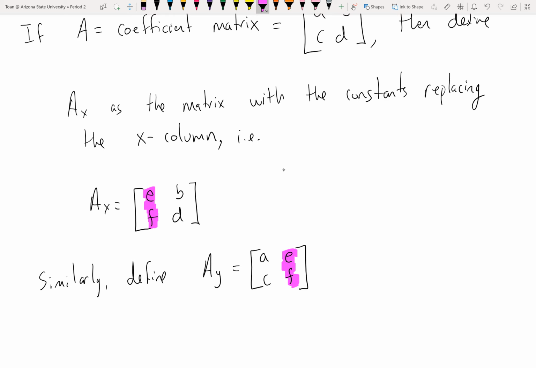So does A sub x, A sub y, does that make sense to everyone? Take the coefficient matrix, and then you're just replacing whatever column with the constants. So do we understand the vocabulary word and the definitions? We know what a coefficient matrix is. We know what A sub x is. We know what A sub y is.